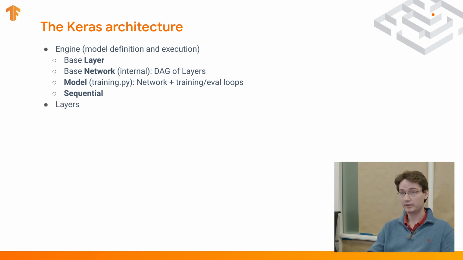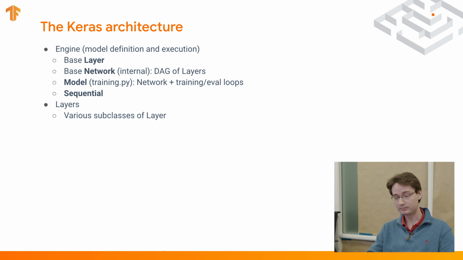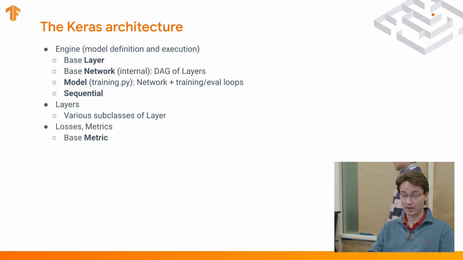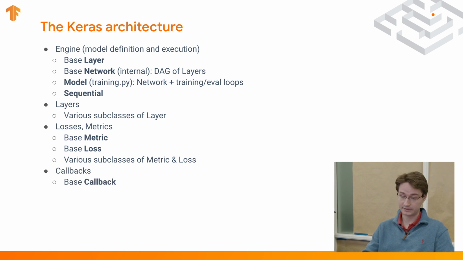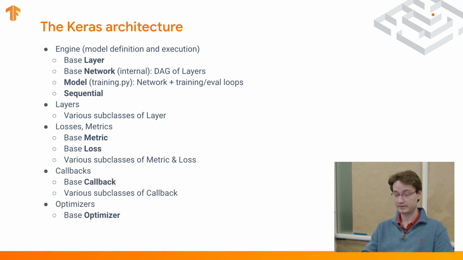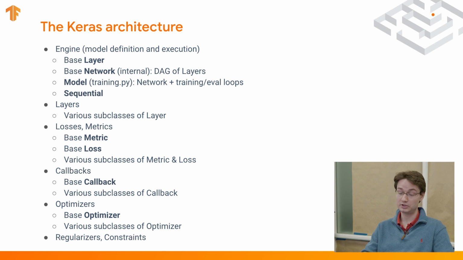Then we have the layers module, where all the actual usable instances of layers go. We have losses and metrics with a base class for each and a number of concrete instances that you can use in your models. We have callbacks, optimizers, regularizers, and constraints, which are much lighter modules.